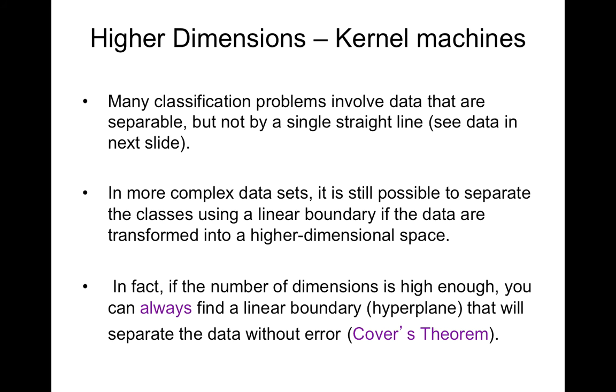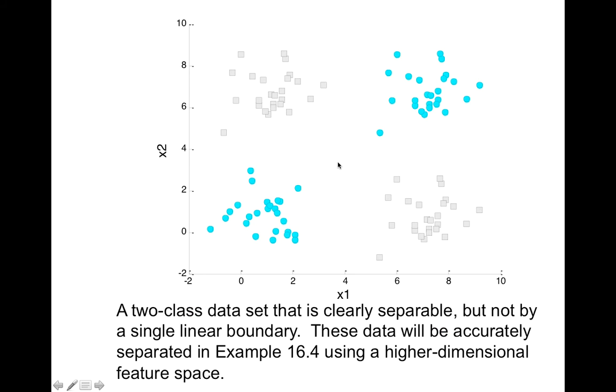And Cover's theorem tells us that if the number of dimensions is high enough, you can always find a linear boundary or a hyperplane that will separate the data without any error. So rather than using a nonlinear separator, you're going to take your data themselves and do a transformation to a higher dimensional space so that a linear separator will work.